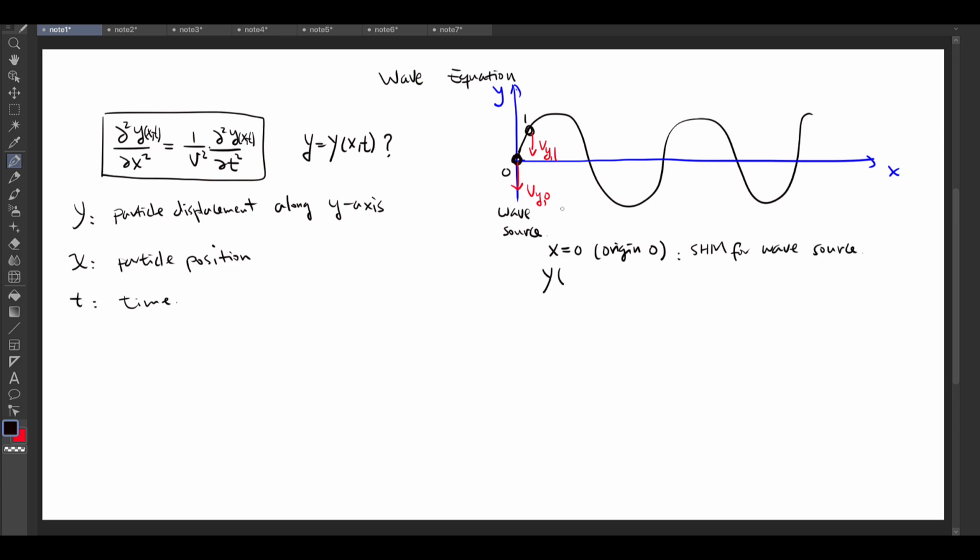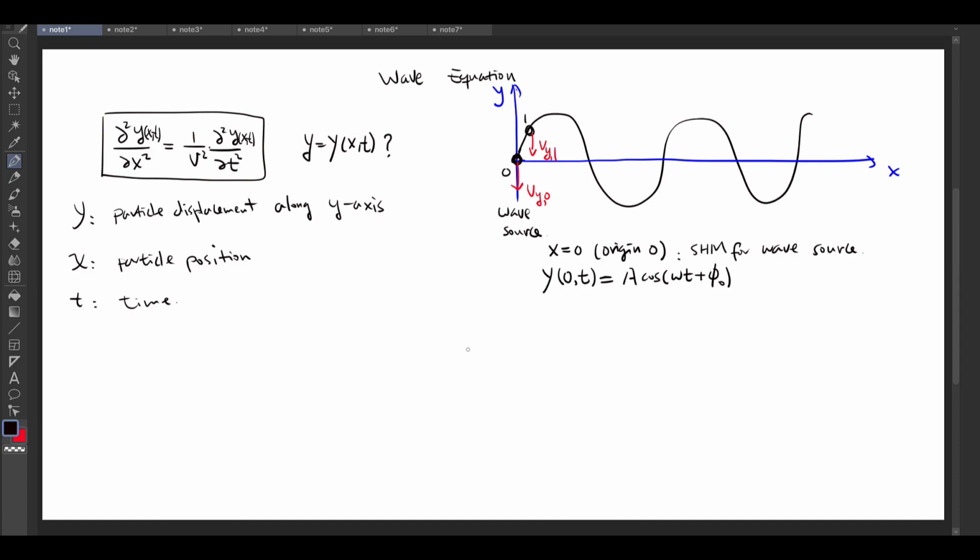So that means I can use our previous oscillation chapter's result to write it down. With x equals 0, y is just a function of t, and we can write down A cosine of omega t plus phi naught, right? So that's the solution that we obtained from the previous chapter.